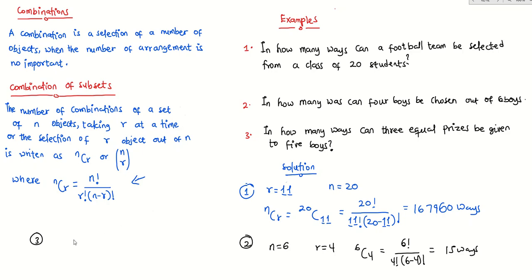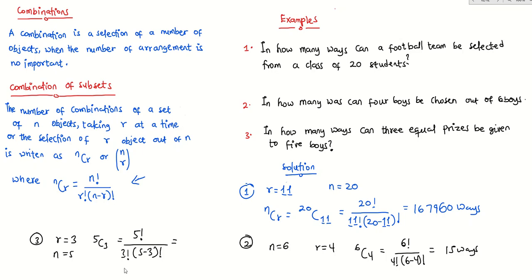So in this case, our r will be equal to 3, and we have 5 boys, so our n will be equal to 5. We're going to have 5 combination 3. That's going to give us 5 factorial divided by 3 factorial, multiplying 5 minus 3 factorial. So let's see what you're going to get for this.